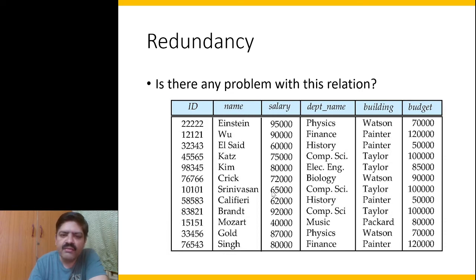This kind of redundant information causes several anomalies, as we say. Anomalies cause issues at the times of insert, delete, and update. Here, whenever I insert another row with physics, I should be careful that I insert Watson as the building.